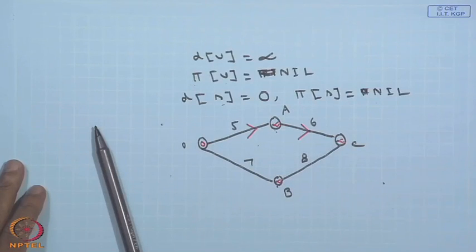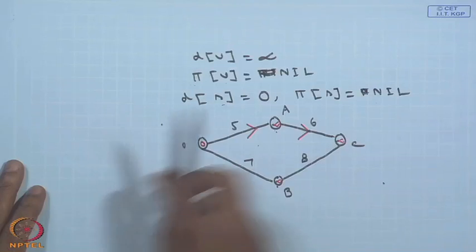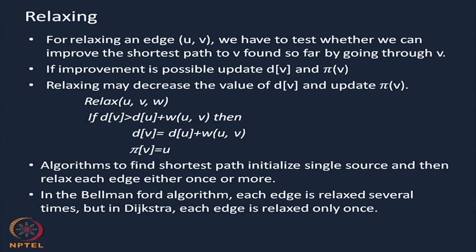The basic idea is this one. In the relaxing method, we try to see if we can improve the shortest path to v by going through u. If improvement is possible, then you have to update the value of d of v and pi of v. Relaxing may decrease the value of d of v and update pi of v.